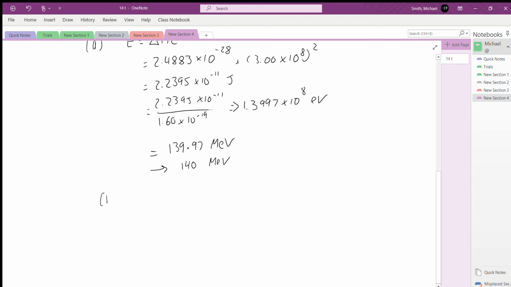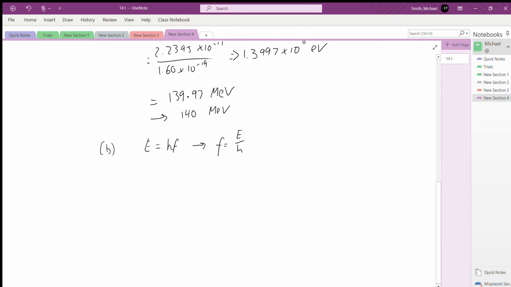Part B, we need to work out the frequency and wavelength of a photon with this energy. We're using the relationship E equals h f, therefore f equals E on h, where h is Planck's constant.